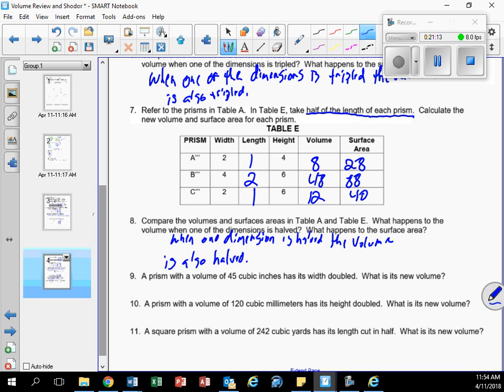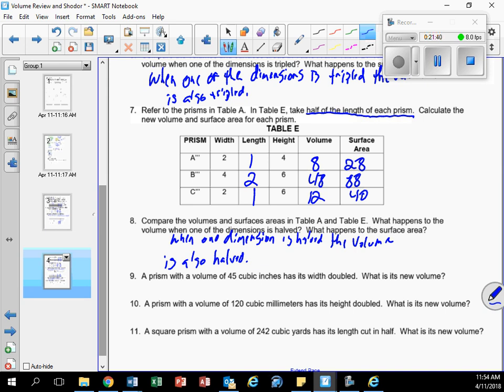Whatever you do to one dimension solely on a rectangular prism affects the volume in the same manner. So if you multiply the prism by 2, the overall volume would be multiplied by 2. If you multiply the length alone by 3, the volume will go up by a multiple of 3. Okay, it will also be multiplied by 3.